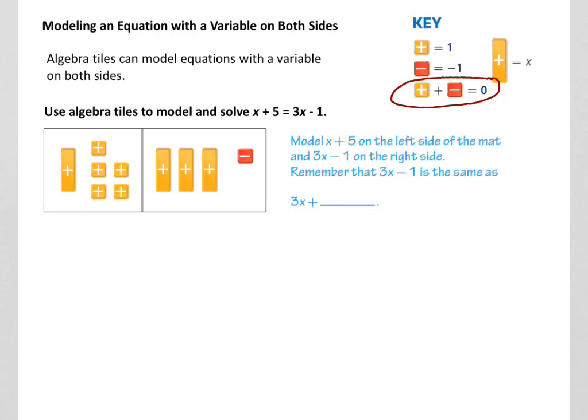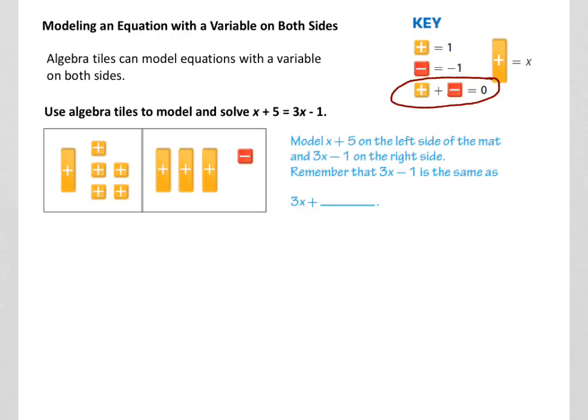So if we take a positive and a negative and combine them, we get 0. Then the larger rectangular block with the x on it, we use for the variable x.